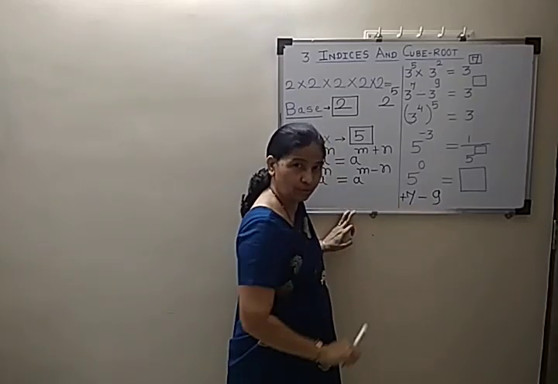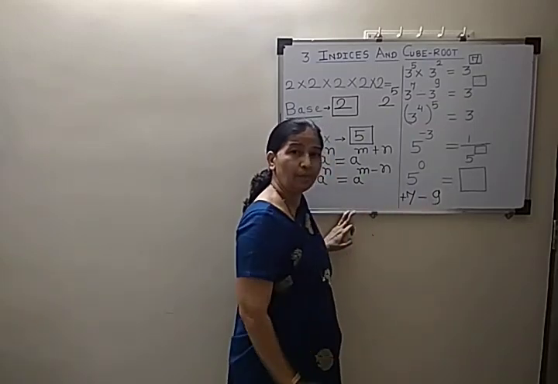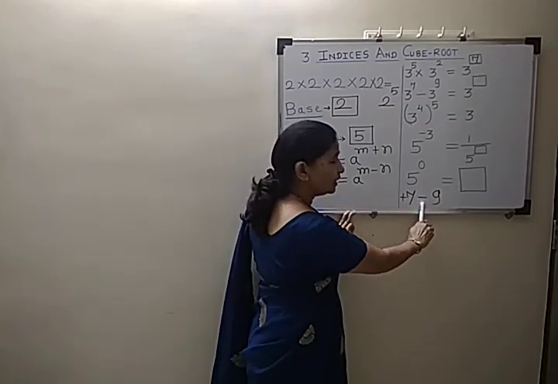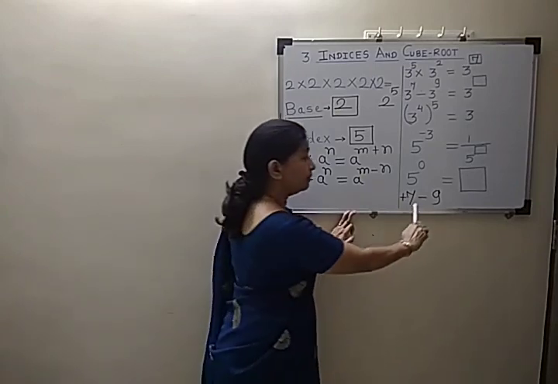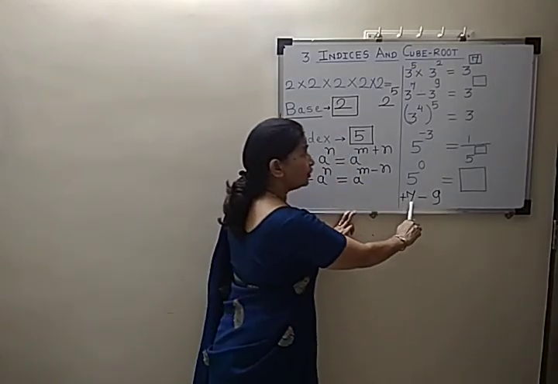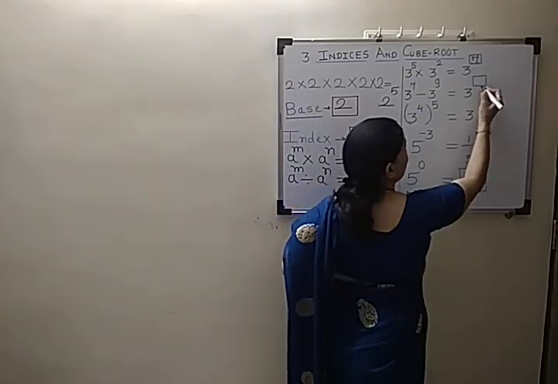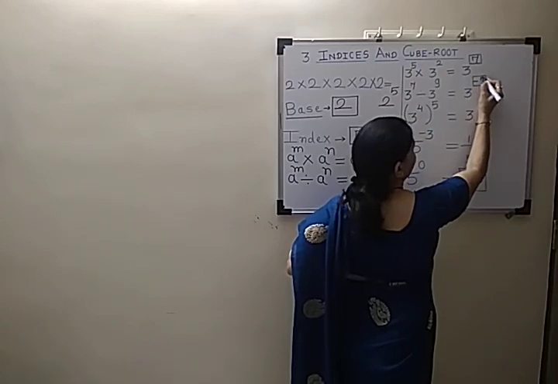So we will subtract the smaller number from the bigger number and give the sign of the bigger number. So your answer will be minus 2.